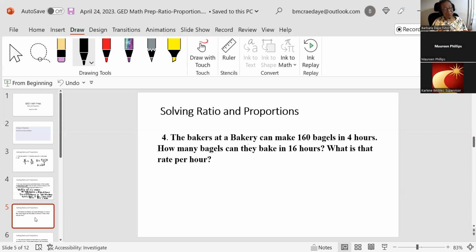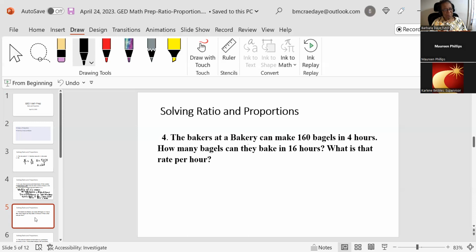Now this gives you some numbers that are related to each other. 640? Yeah. How did you get 640? Because I do it like a ratio proportion, right?